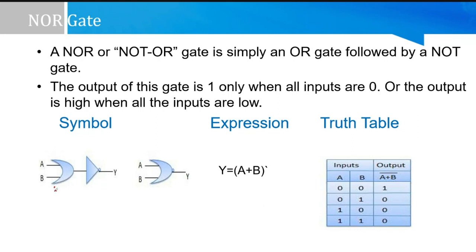This is the symbol of the NOR gate, or else you can represent it this way, where this NOT represents the NOT gate. Here it has 2 inputs, which means it will have 4 possible conditions. If the input is 0, 0, what will be the output of the OR gate here?